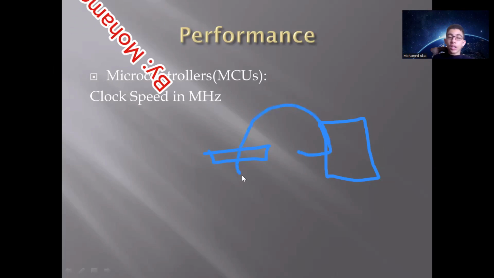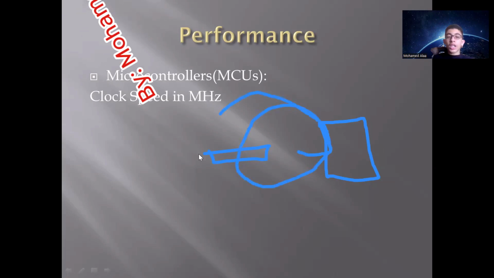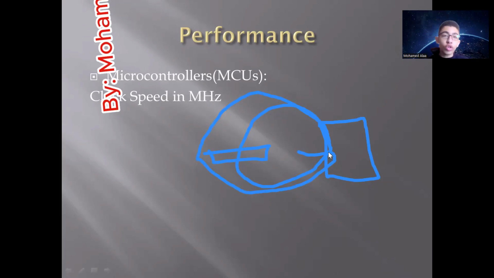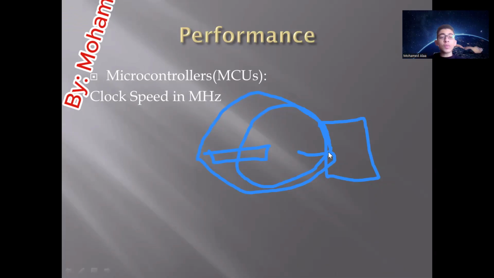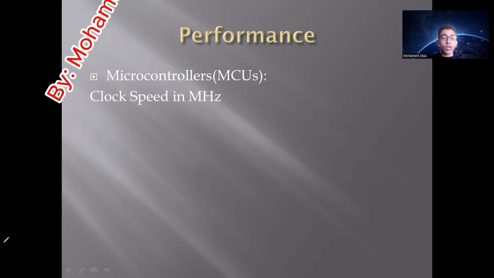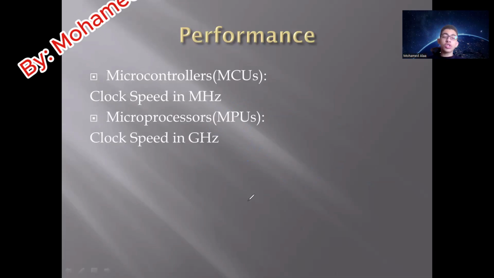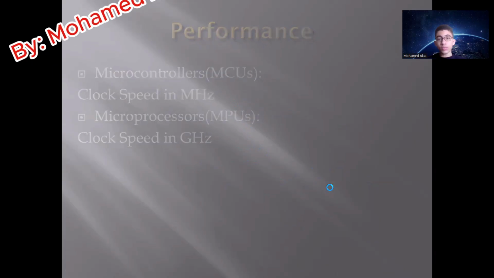Like, it gets the data and then reverses back. And it gets the data and reverses. See? It gets all of the data in just 2 chunks. The microcontroller could get it in 5 chunks. That's just a demonstration. As I said here, clock speed in gigahertz. Hertz here is just the measuring unit of frequency.